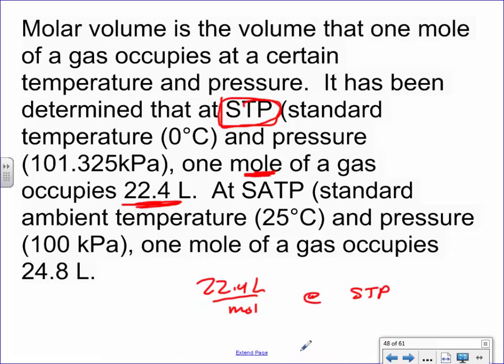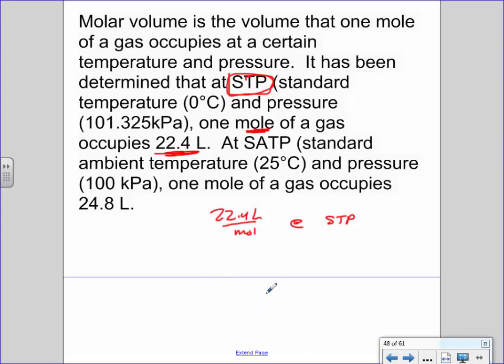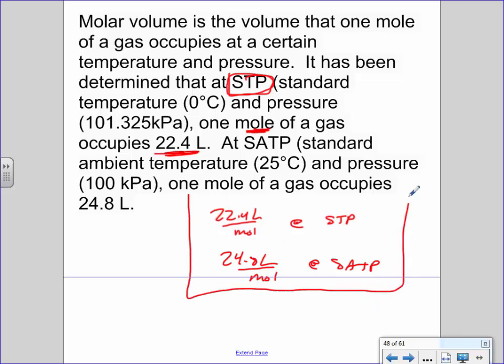This is sometimes known as a molar ratio. For the other typical value we use, SATP, you would say that there's 24.8 liters in a mole under those conditions. And it doesn't matter what gas it is. So I would write these ones down somewhere. And I'm going to go back to the previous question and show you how we can solve them.